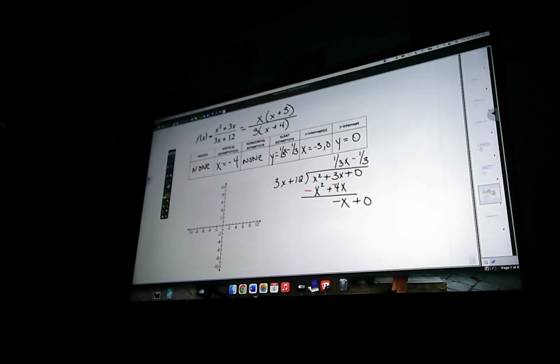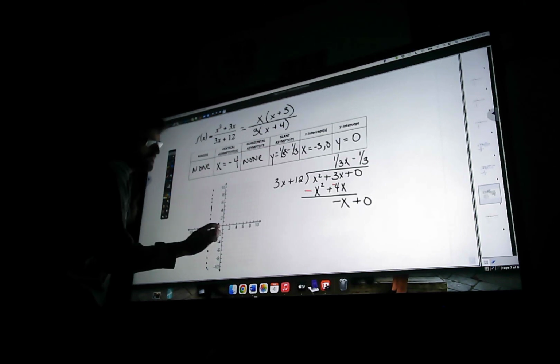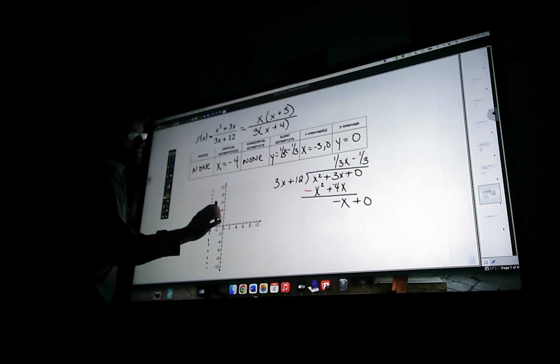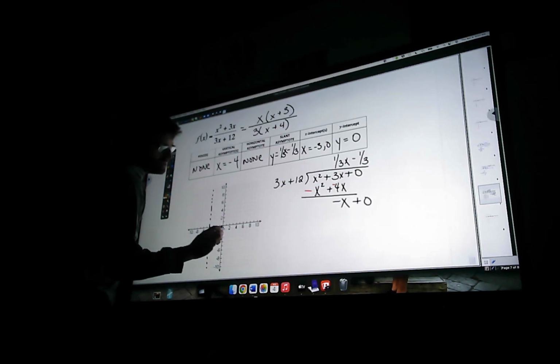Now I'm going to graph this. X equals -4 vertical asymptote. No horizontal asymptotes. Slant asymptote at 1/3 x minus 1/3: y-intercept at -1/3, slope of positive 1/3.